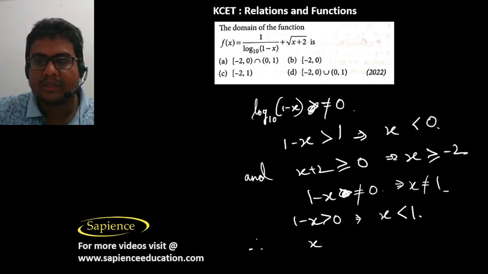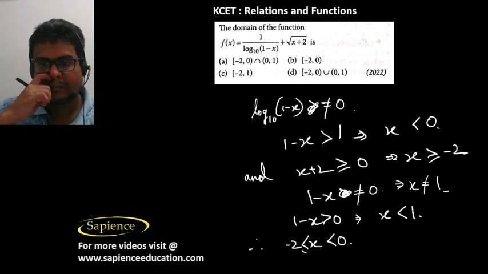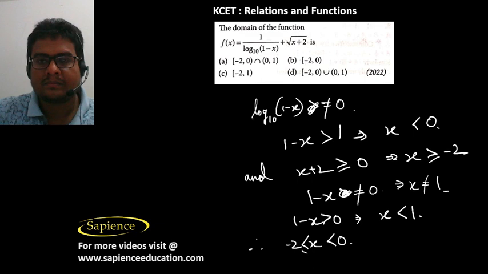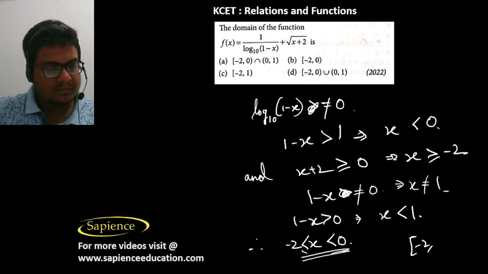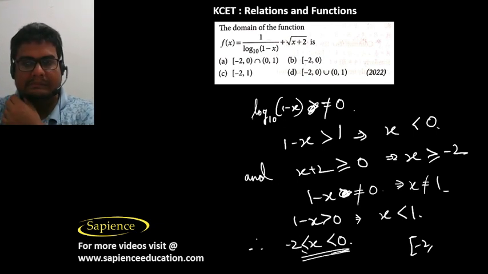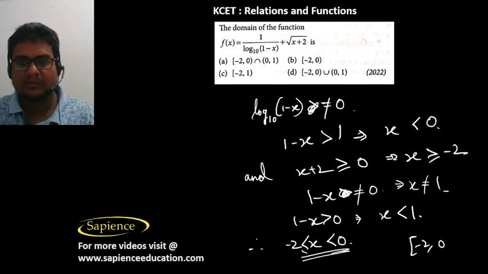Therefore x should be less than 0 and greater than or equal to minus 2. It should be minus 2 to 0 only.